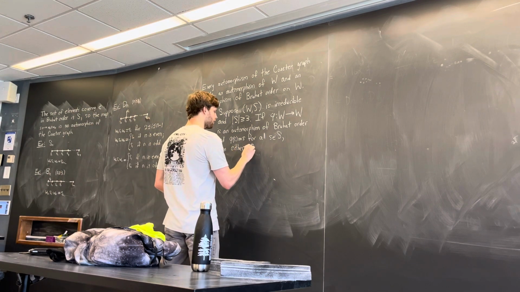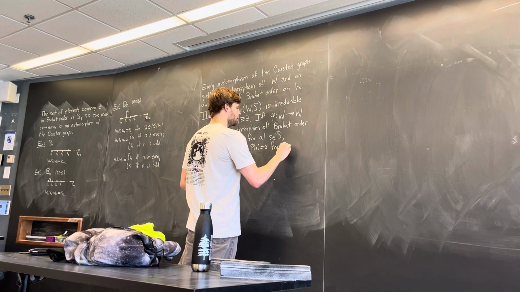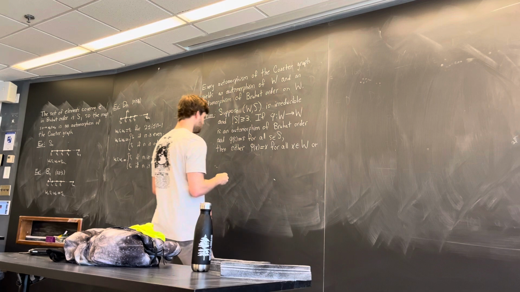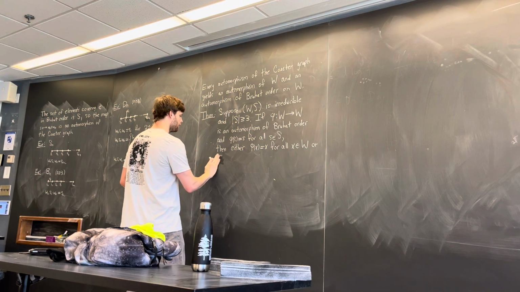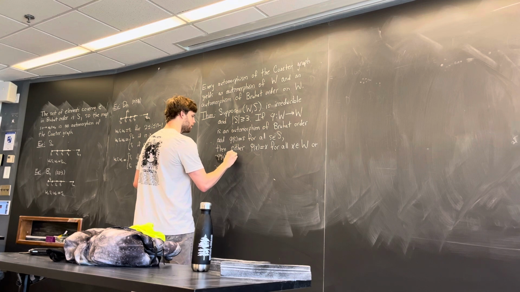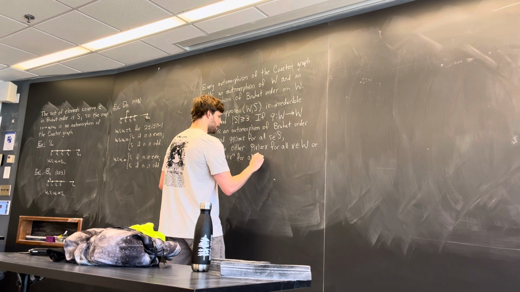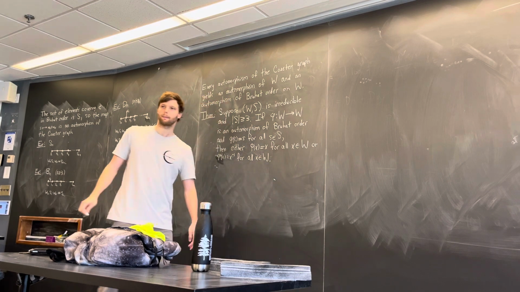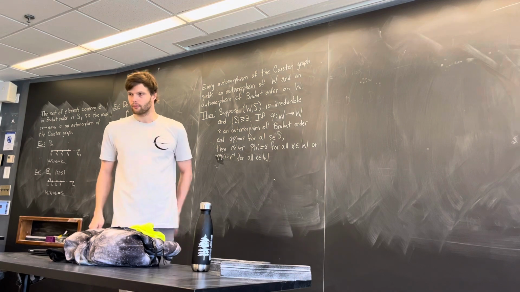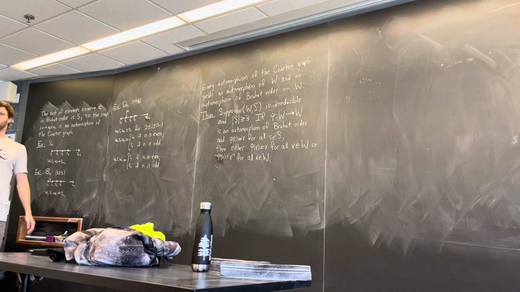So either phi of x is x for all x in W, or phi of x is x inverse for all x in W. Any questions up to here?